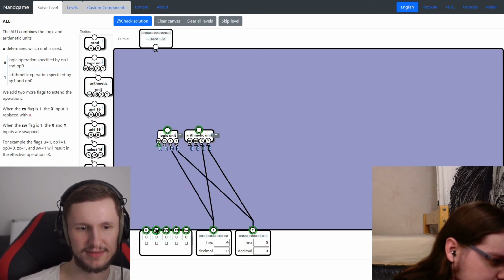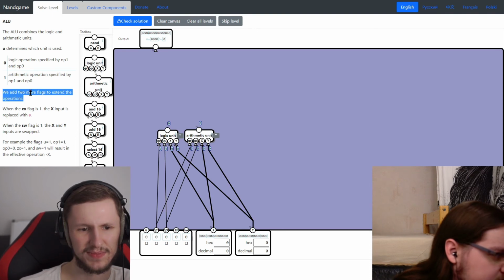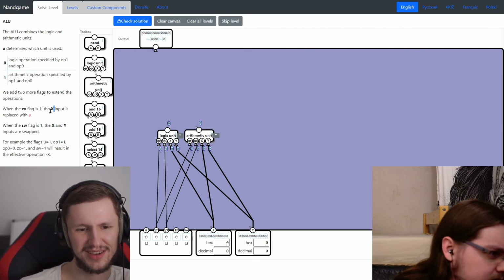So all of this is kind of trivial what we're doing right now. Two or more flags extend the operation. When the ZX flag is 1, which is the zero flag, I think, the X input is 0. When the SW flag is 1, the X and Y inputs are swapped.